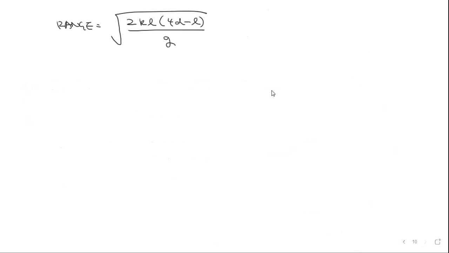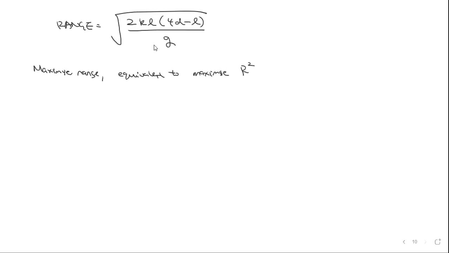Now, we could obviously try to maximize that, and we will, but just to be clear, the range is the square root of something. Now, to maximize range, when you've got a square root, assuming that this is positive, which it is, because the square root is always positive, it's also equivalent to maximizing range squared.